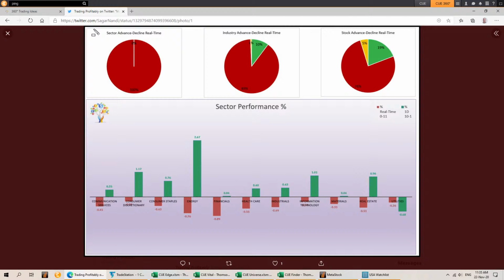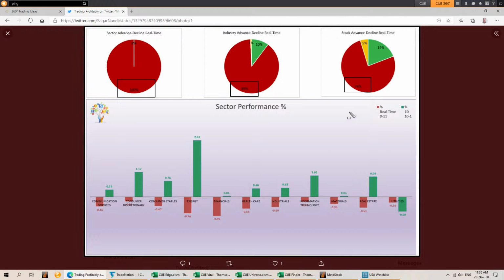I looked at the sector, industry, stock advance decline right at 9:30 a.m. It took a few seconds to calculate the breadth, and I saw that right at the open 100% of all the sectors, 11 sectors, were down. Almost 90% of industries were down, 76% of stocks were down.